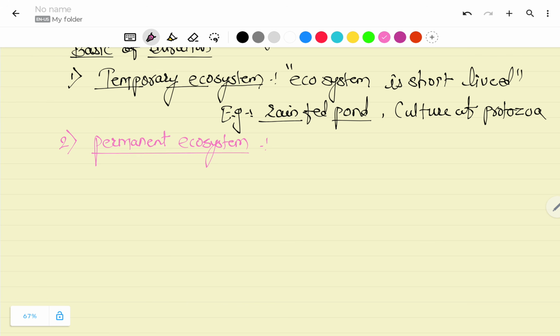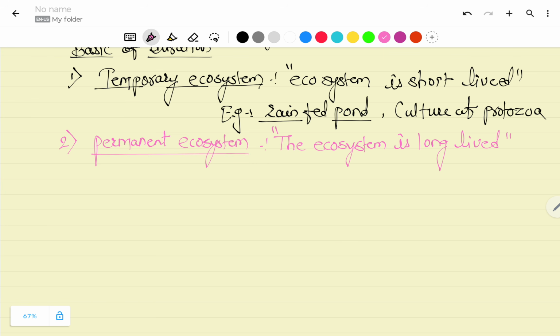The ecosystem becomes permanent; it cannot be easily damaged, and it survives a long time. In the definition we write: the ecosystem is long-lived. That is called a permanent ecosystem.